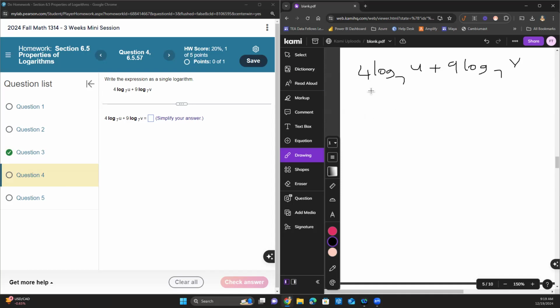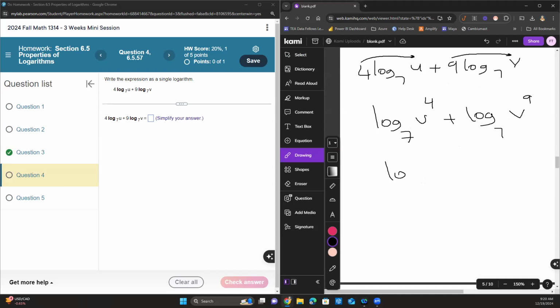Because we want to write it as a single logarithm, the first thing we're going to do is restore the powers which were moved to the front of each logarithmic function. So this can be rewritten as log base 7 of u to the 4th power plus log base 7 of v to the 9th power.